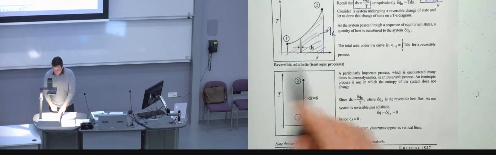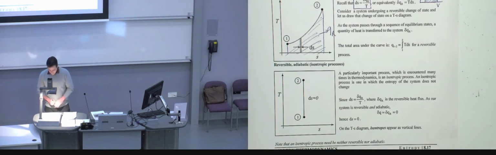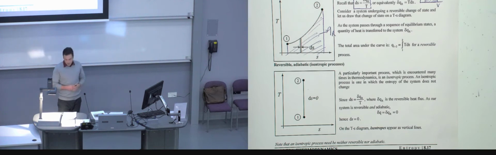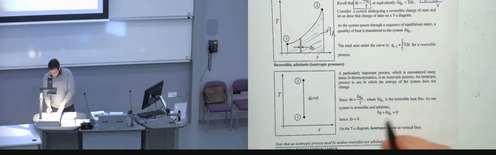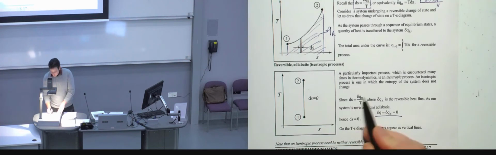But as far as the diagram is concerned, if you think about this equation for the entropy, and assume that there is a reversible heat flux in the problem, then for a reversible and adiabatic process, adiabatic means that there's not going to be any heat transfer. You know that Q is going to be equal to 0, and then that equation would be equal to 0.